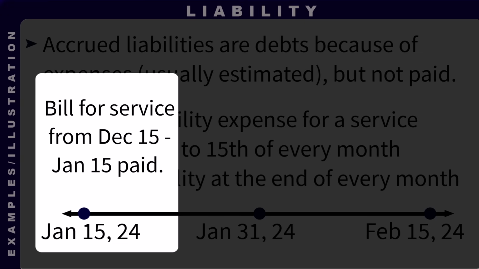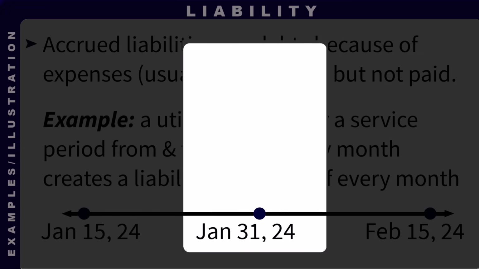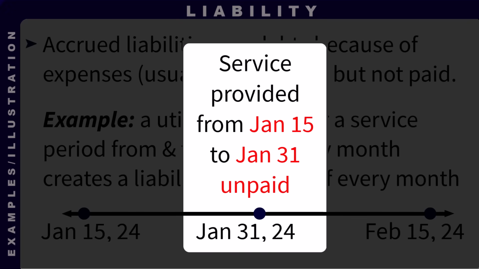Now, at the end of January, that is January 31st, there is no bill to receive and look at, because the utility company does not send bills until the 15th of the next month, that is February 15. But we received service throughout the 15 days, that is from January 15 to January 31st, and we may not know how much the utility company would charge us for those 15 days of service.